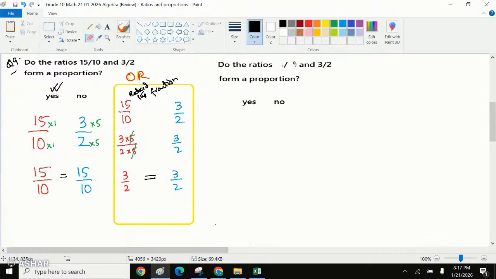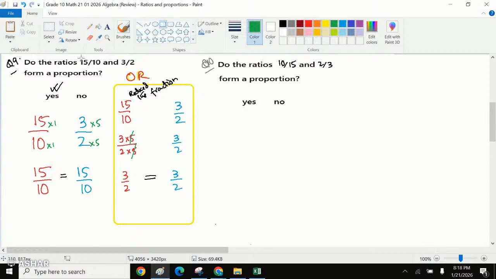This was 15 upon 10. I'll write this as 10 upon 15. If I'm flipping both the fractions, if this was 3 over 2, I made it 2 over 3. This was a new question, question number 10.